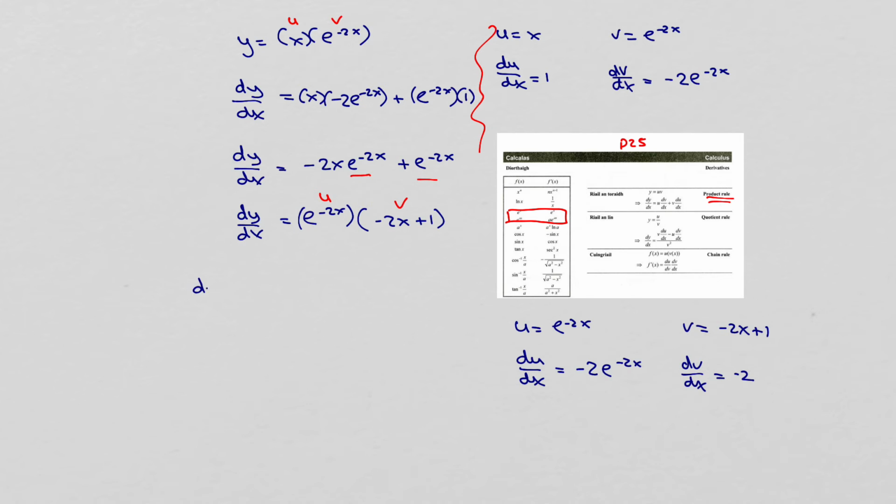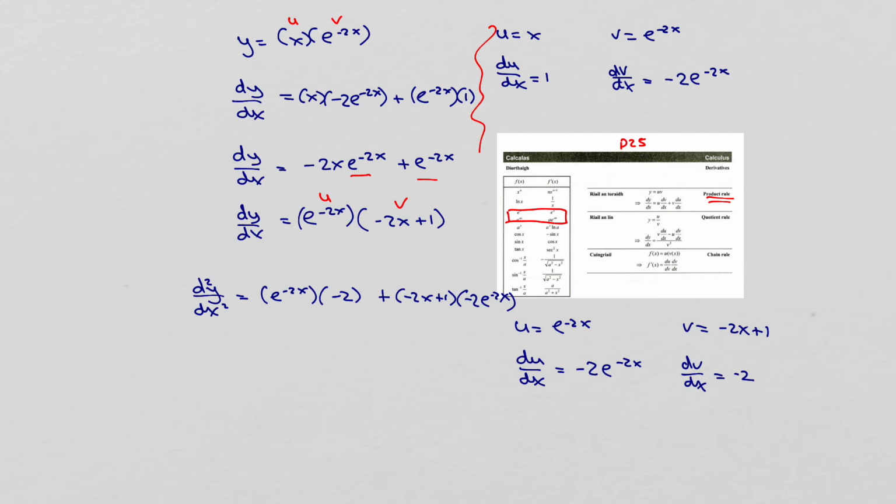So if I sub in for my second derivative, I'm going to have u times dv/dx plus v times du/dx.